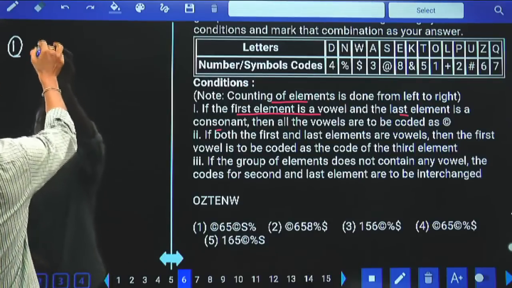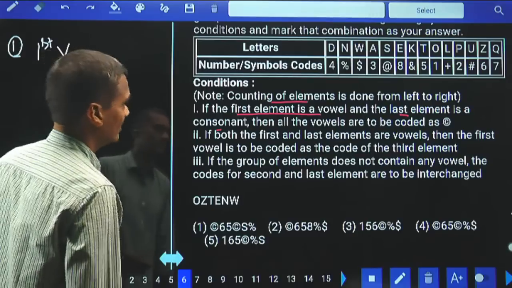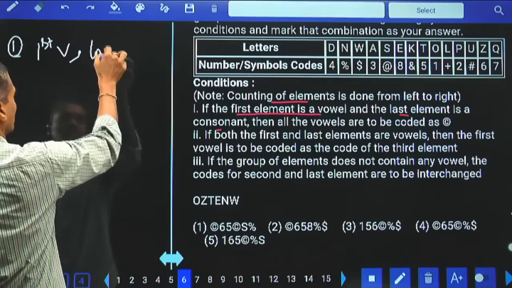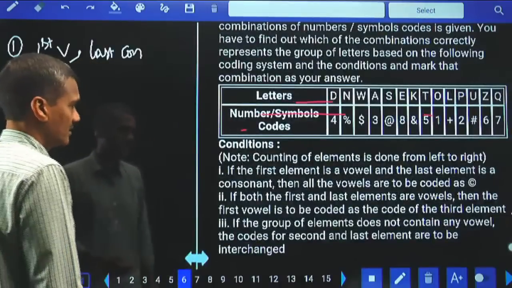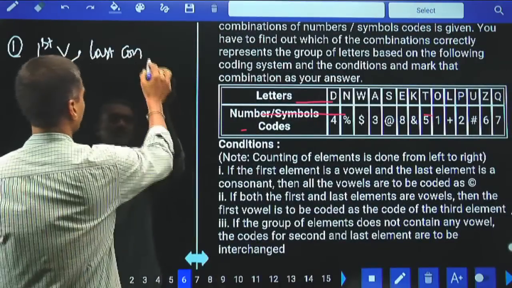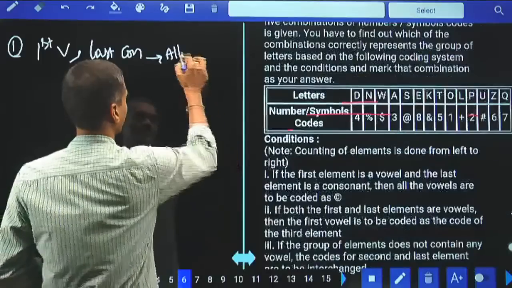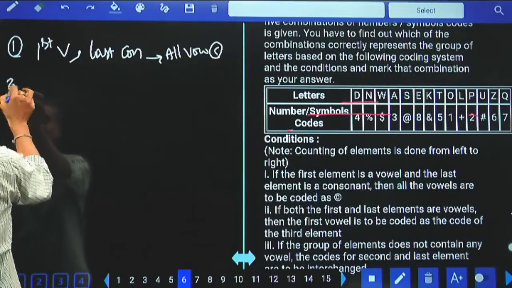I am representing vowel with V. First one is a vowel and last consonant. Then what we need to do here? All vowels should be coded as copyright. This is about condition number 1.